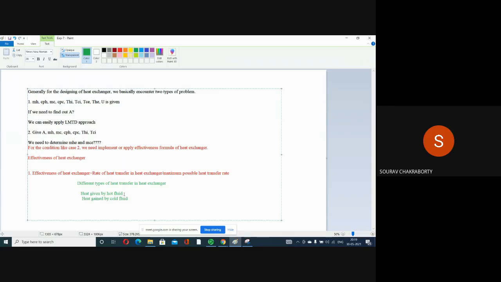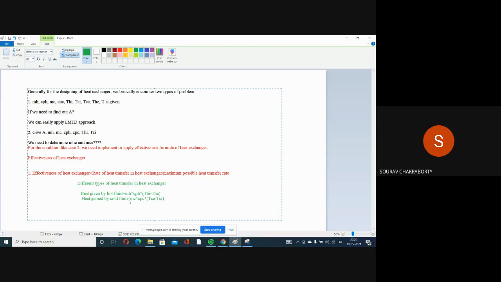So this expression we can write down as mh Cph into Thi minus The, that we know. And the heat gained by cold fluid will be mc Cpc into Tce minus Tci. Why have we written Tce earlier? Because in case of cold fluid, the initial temperature is low.